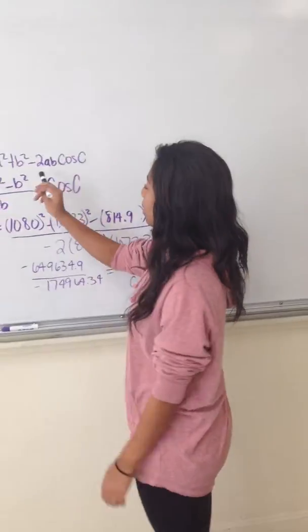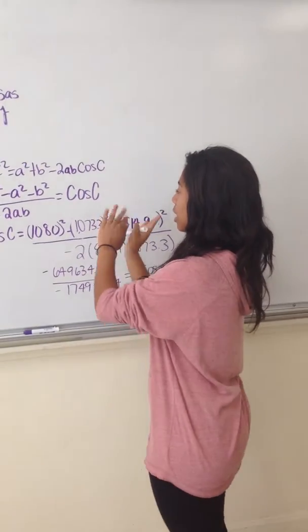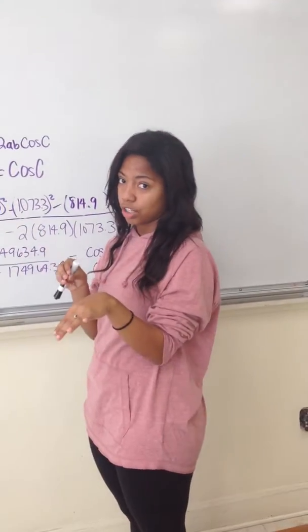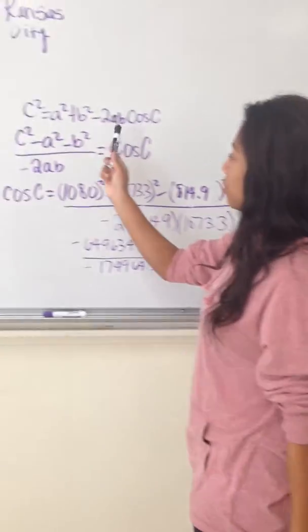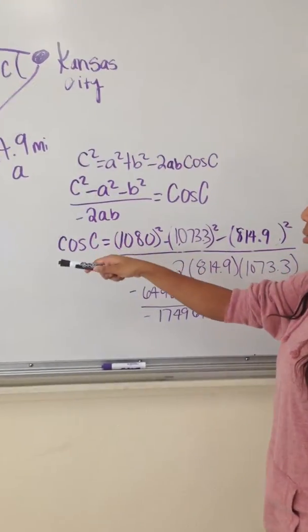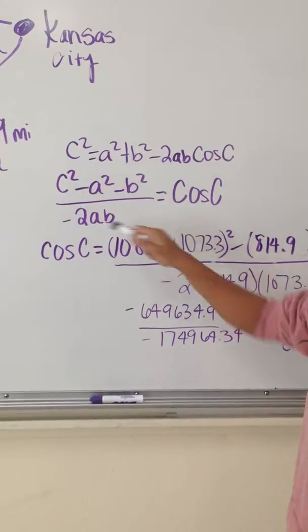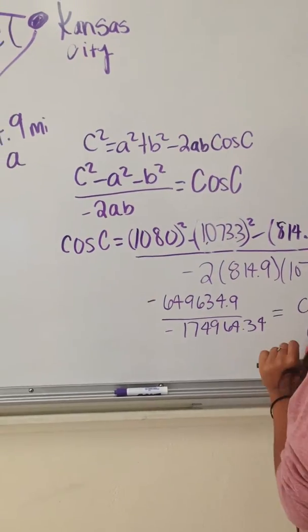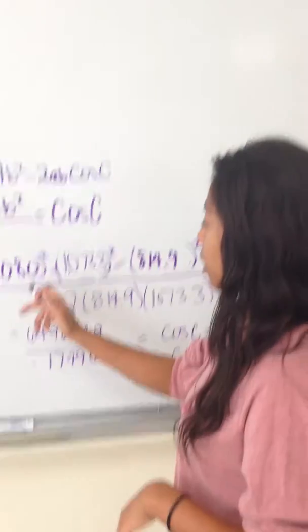You can plug in the numbers and do it from there, or you can work the formula out first and then put in your numbers. What I did was move a squared and b squared over to the left, and then divide by negative 2ab, so I had the formula already. Then I plugged in my numbers.